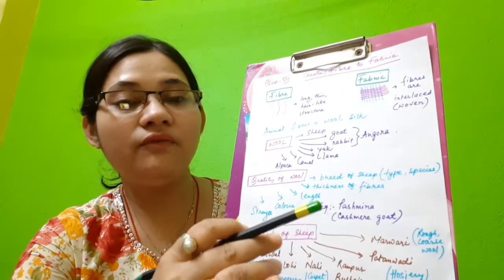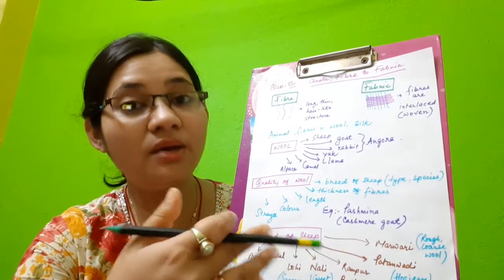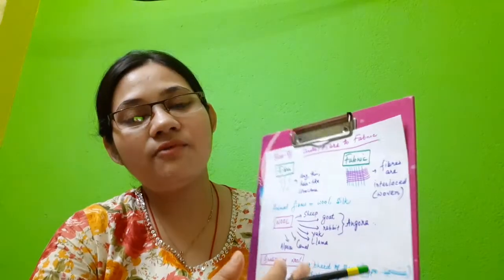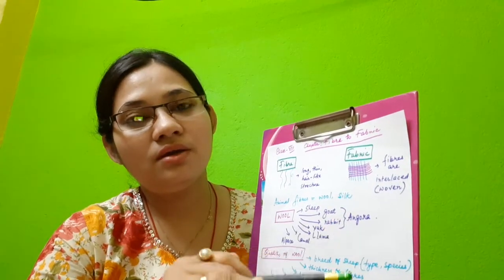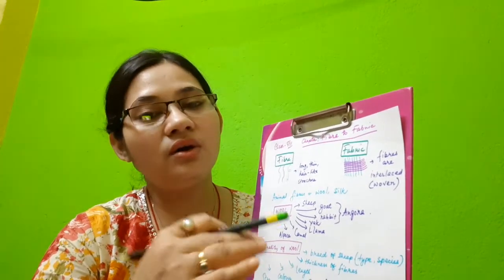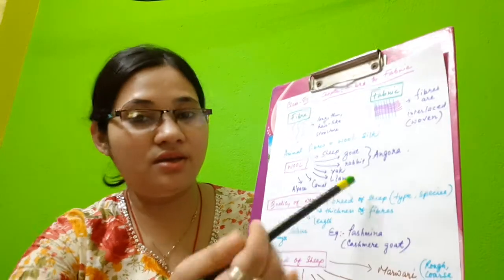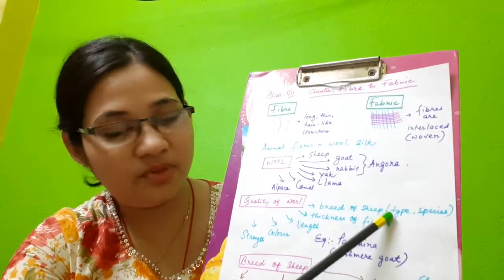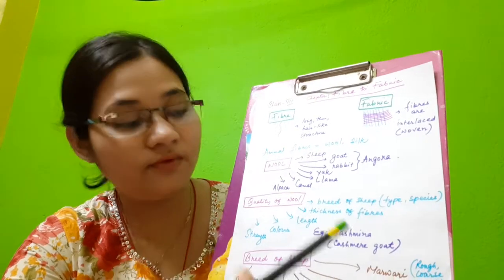Breed means some sheep have characteristic fur which is of very high or superior quality. Especially these are found in European countries, or the Himalayan regions, or Kashmir, etc. Breed means the species or the type, with the characteristic superior quality of wool.